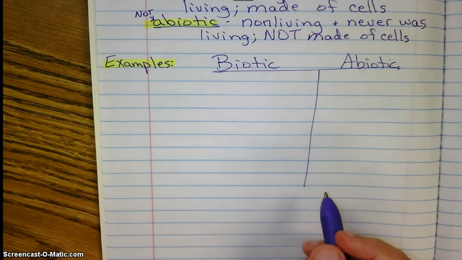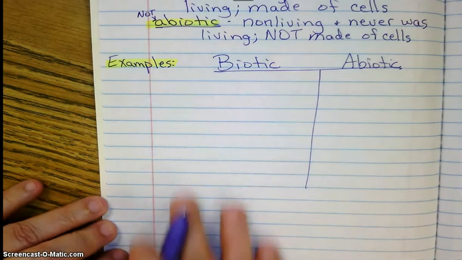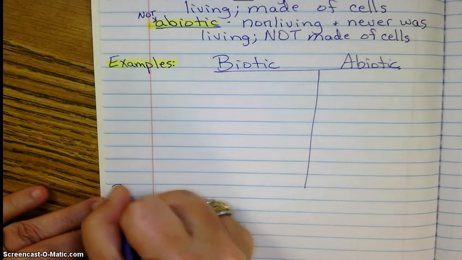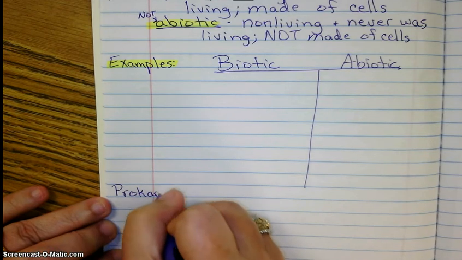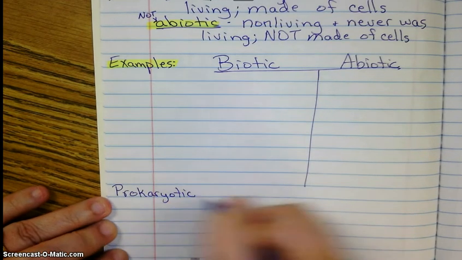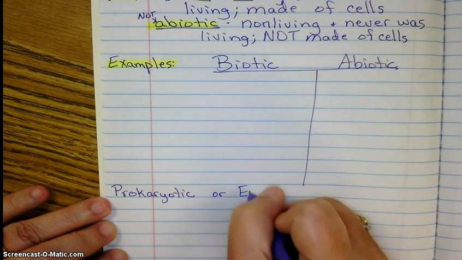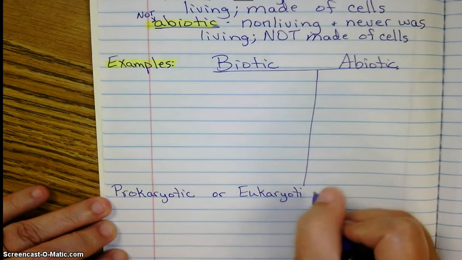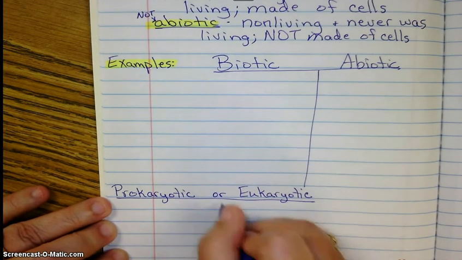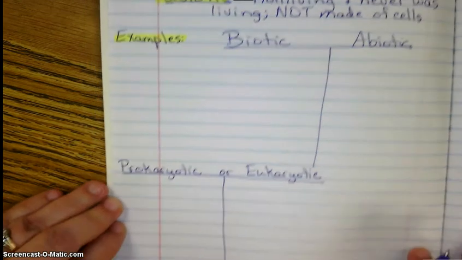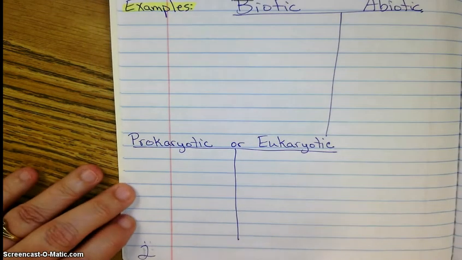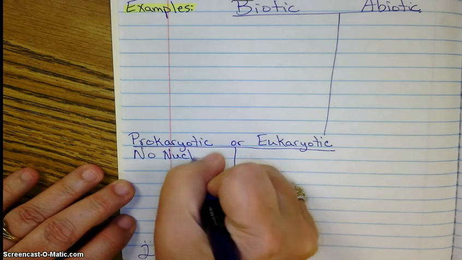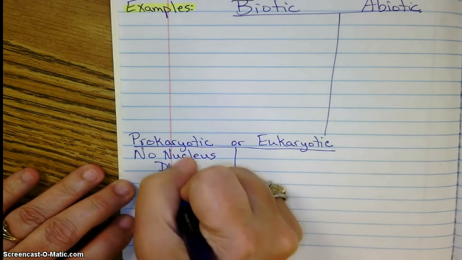And we are going to further classify on the biotic side that those cells can either be prokaryotic or eukaryotic, and they have particular characteristics that you need to know. So we're going to create another little T-chart, and we know that prokaryotic cells have no nucleus, but they do have DNA.